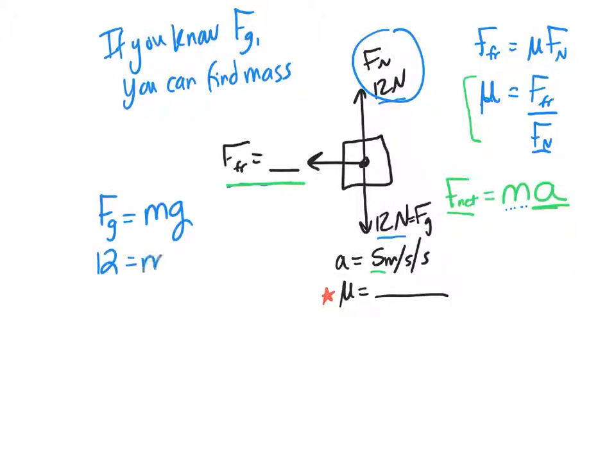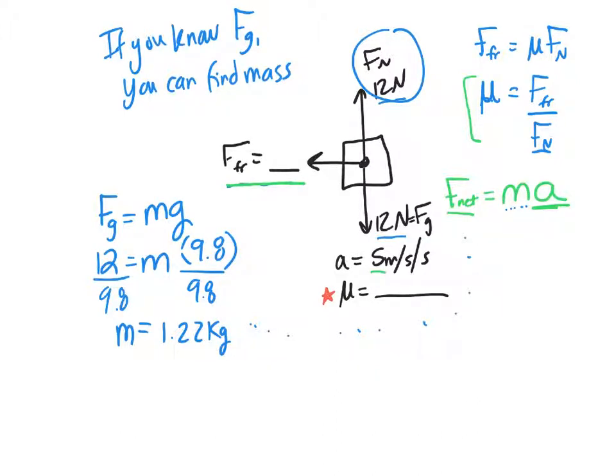We're looking for the mass, and g on Earth is always 9.8. All right, we do some handy dandy math. We divide by 9.8, and we find that the mass of this block is equal to 1.22 kilograms.